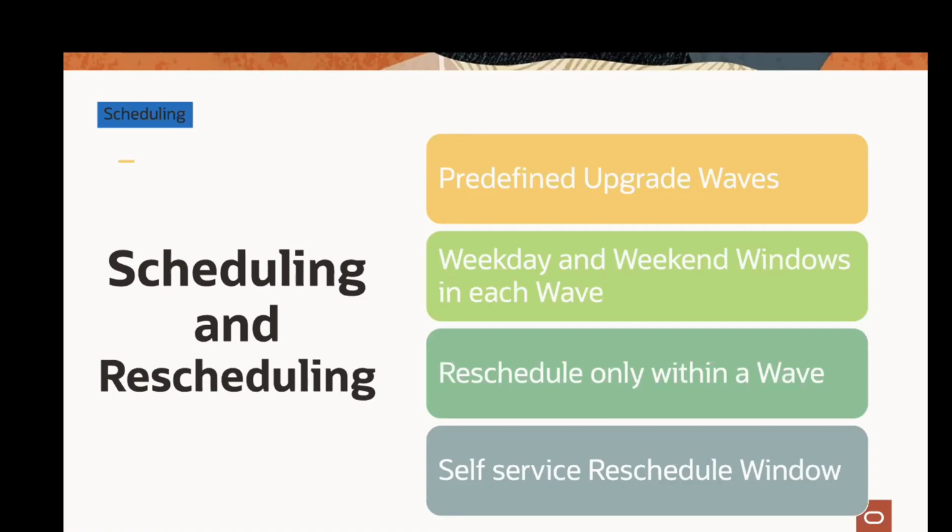So if the date and time that we pre-schedule you does not work for your business, then you have the option of rescheduling to a different window within the wave that you're in. And you can do so by the self-service UI that we've put together. There is no need to file SRs, no need to reach out to us or email anyone. You have a long list of options to choose from when it comes to rescheduling.